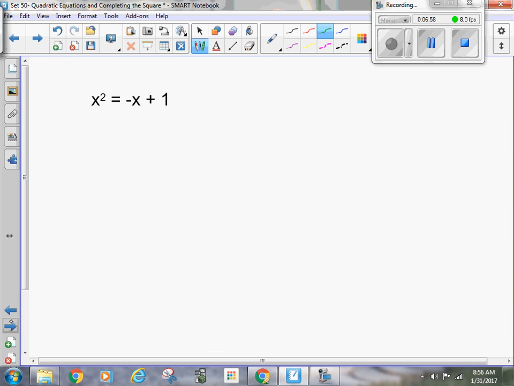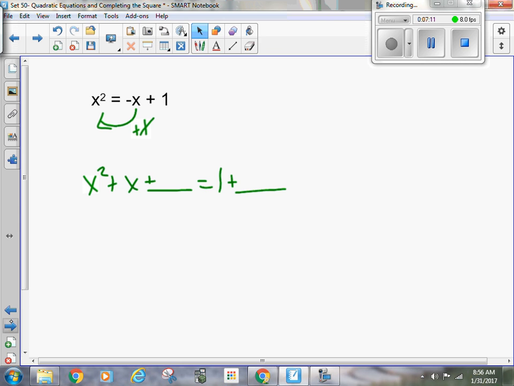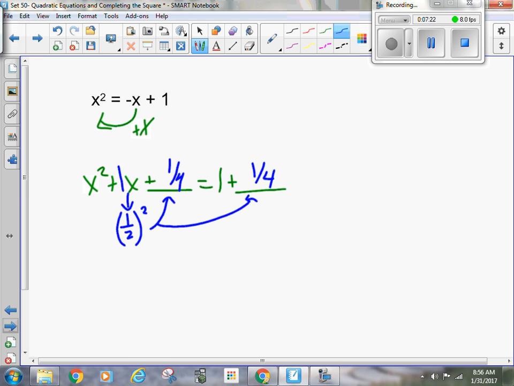All right, we have one more here. So my x squared term is positive. I'm going to move that over by adding x to both sides. Leave myself a blank. 1, leave myself a blank. All right, half of my b term, think about that there's actually a 1 there. So I get 1/2. I'm going to square it. So I add 1/4 to both sides.